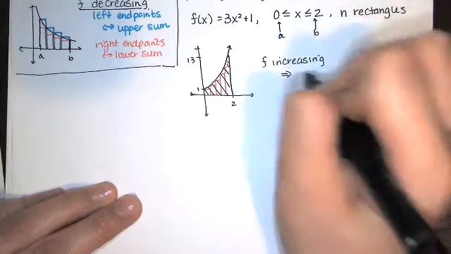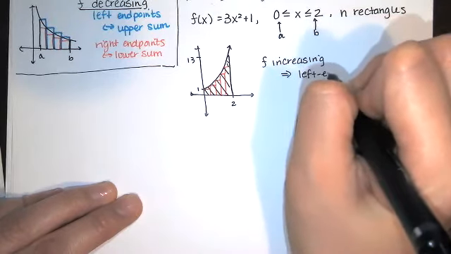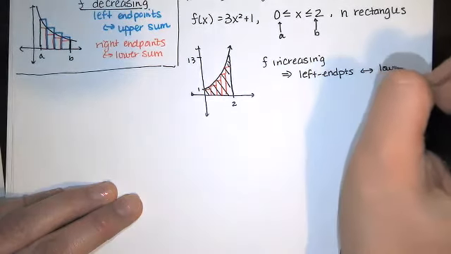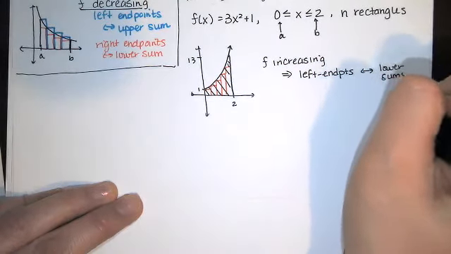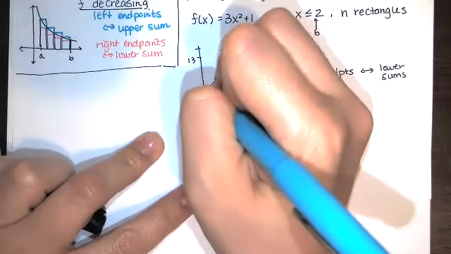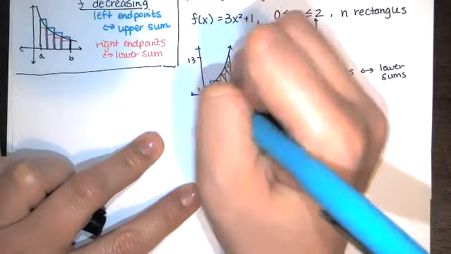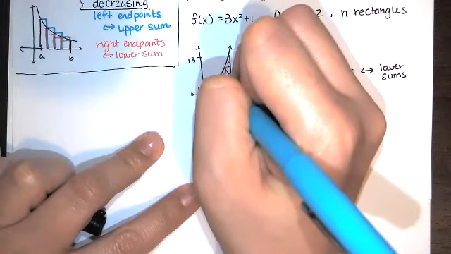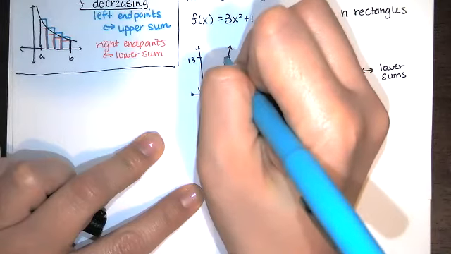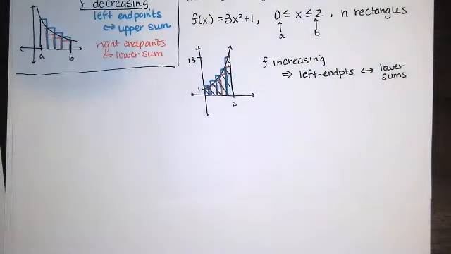So left endpoints correspond to lower sums, and right endpoints, oops, correspond to upper sums.